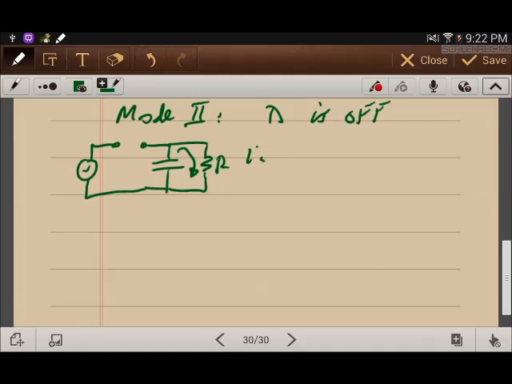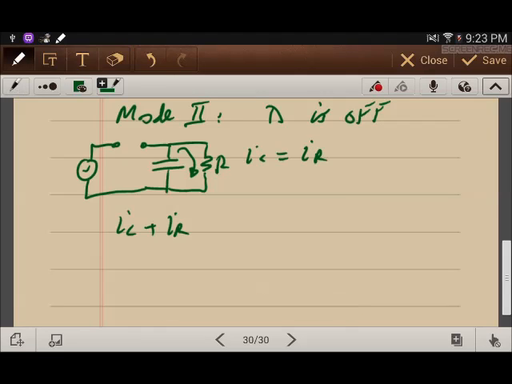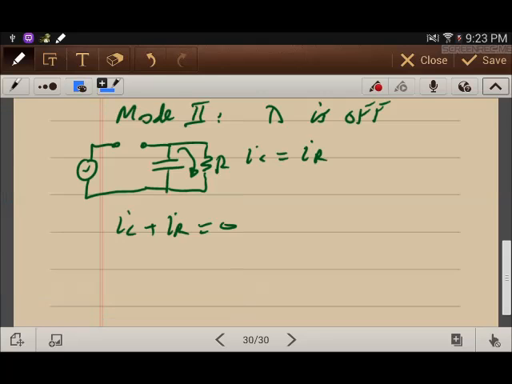So IC here is equal to IR. So IC plus IR is equal to 0. IC is C dVC over dt, plus IR is V output over R, which is equal to 0.